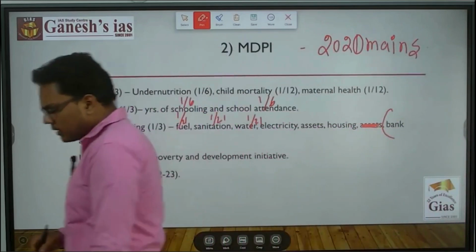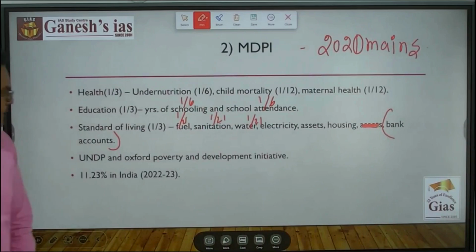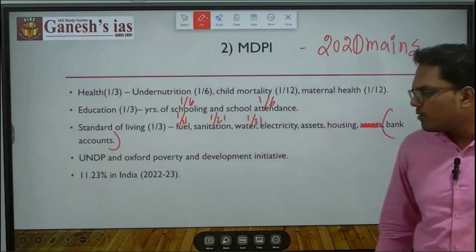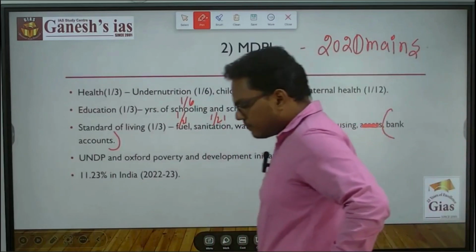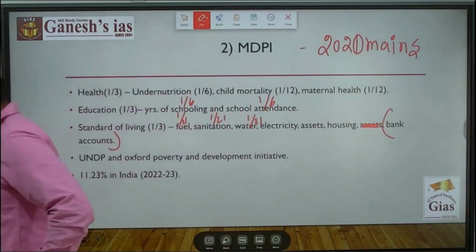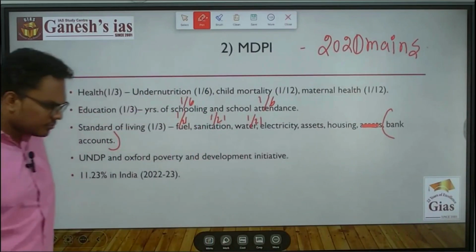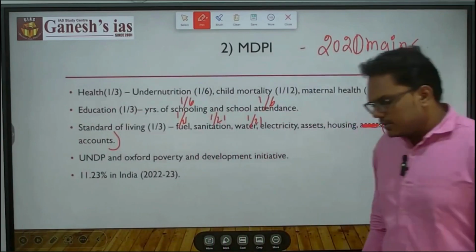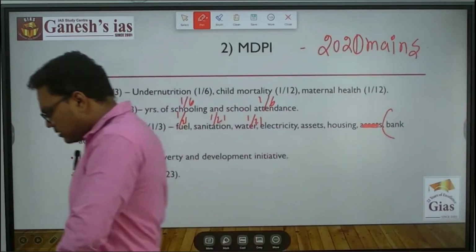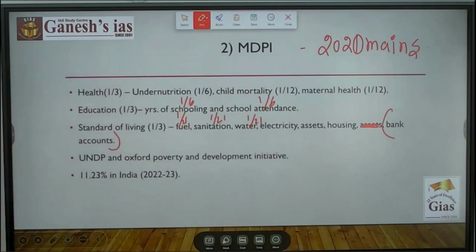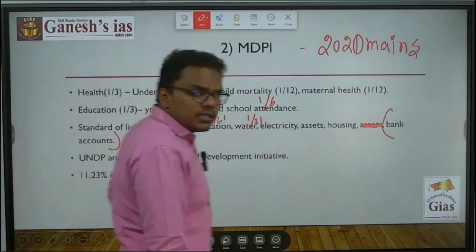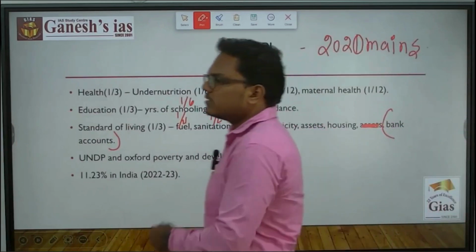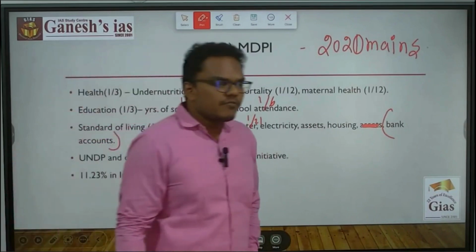Your bank account is something that was added recently, and the index is published by UNDP and the Oxford Poverty and Human Development Initiative. It has said that 11.28% of the Indian population is multidimensionally poor, which is a significant departure from the 55% available in 2005-6 data.